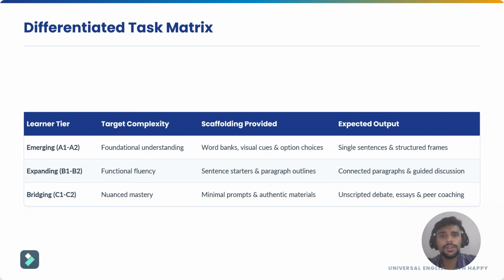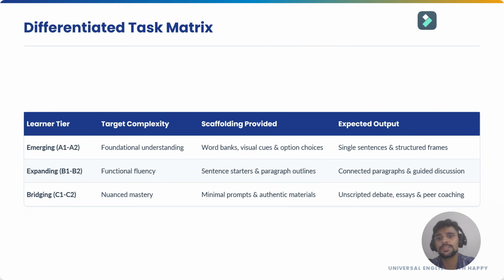To see how differentiation works in practice, look at the differentiated task matrix on this slide. Imagine your lesson topic is technology and modern life. For emerging learners, A1 to A2, the target is going to be building foundational understanding and basic structure. Here the scaffolding is to provide visual vocabulary banks and fill in the blank sentence frames.